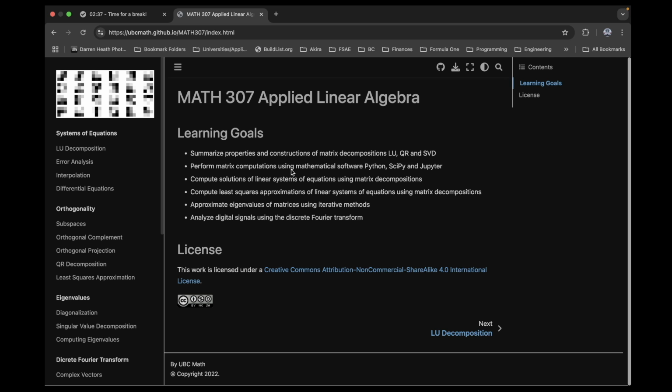That's my interest, and my ultimate end goal is to apply programming to solve physical or mathematical problems.